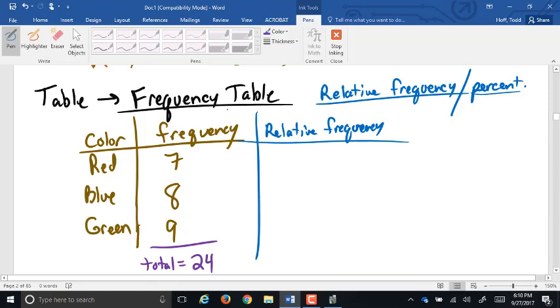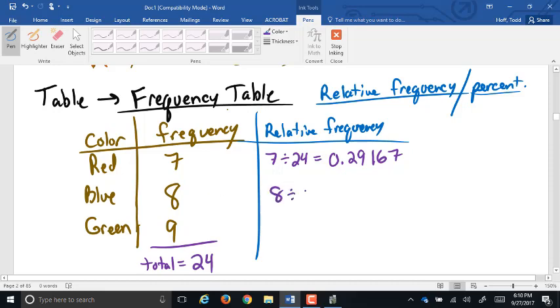Then the relative frequency is just each frequency divided by the total. 7 divided by 24 is 0.2933, something like that. Okay, I missed it, 0.2917, something like that. So that would be the relative frequency for red.